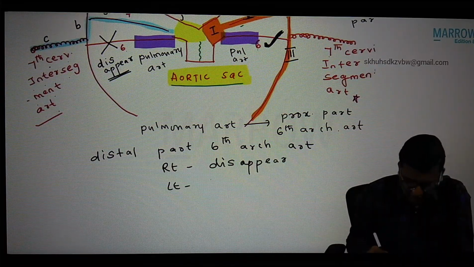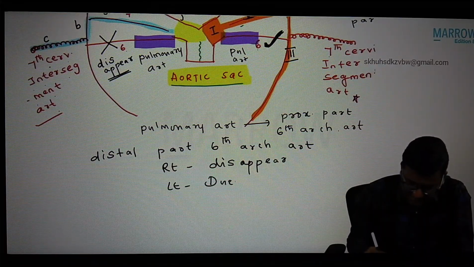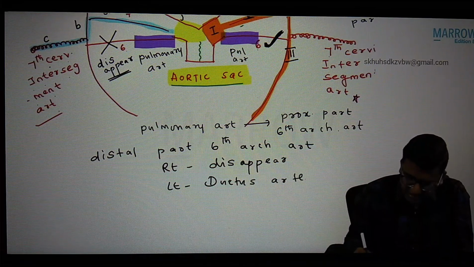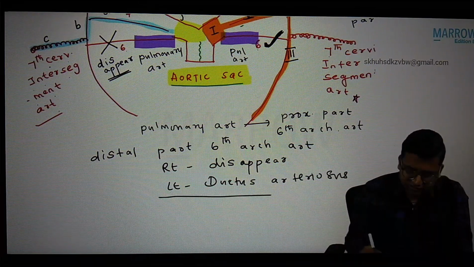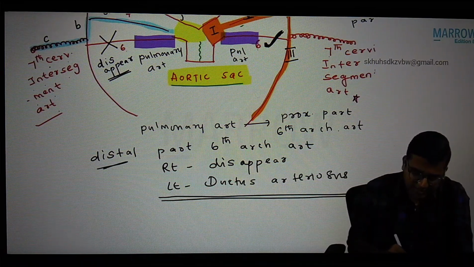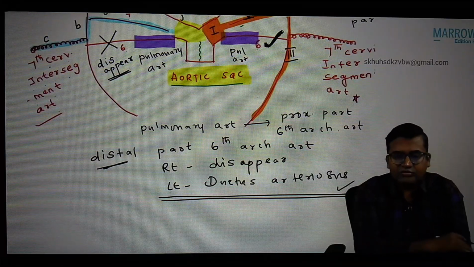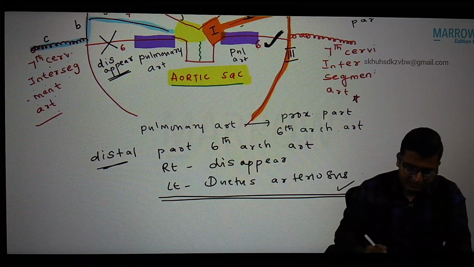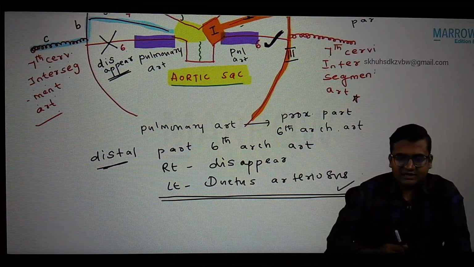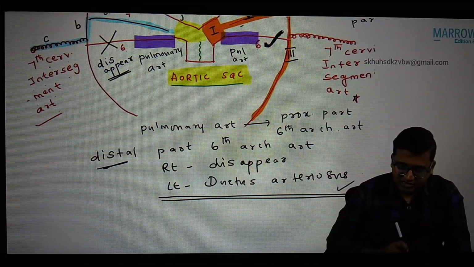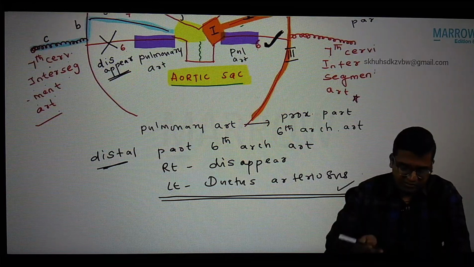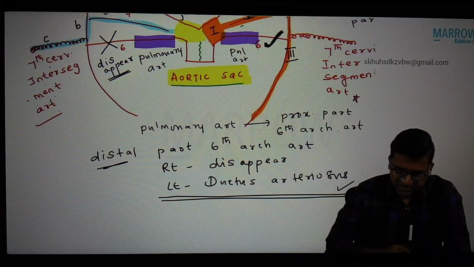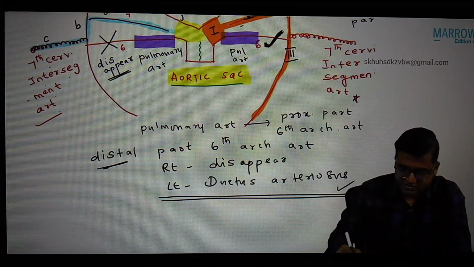On the left side, it will form the ductus arteriosus. So the left side distal part of the sixth arch artery will form the ductus arteriosus. Okay, so that is the fate of our sixth arch artery. The proximal part will form the pulmonary artery on both sides. The distal part of the left sixth arch artery forms the ductus arteriosus.